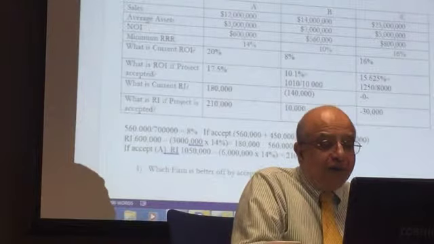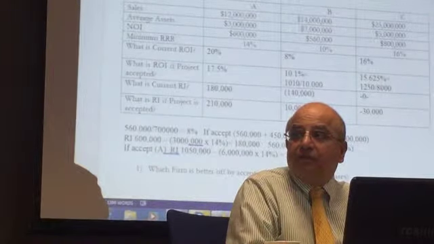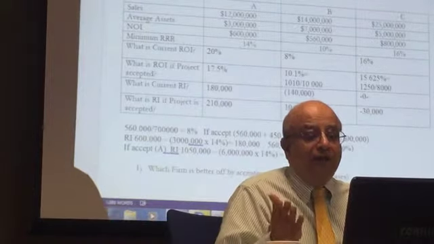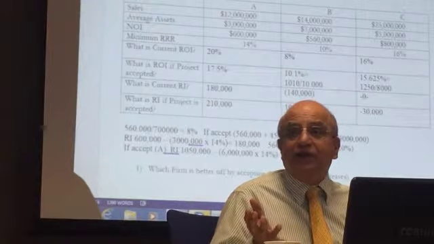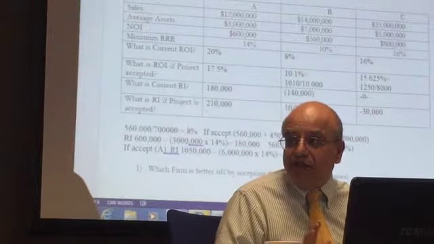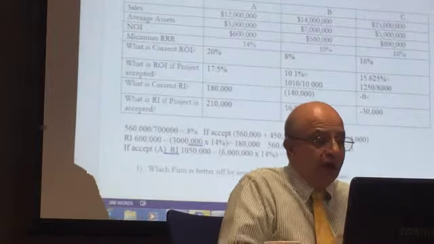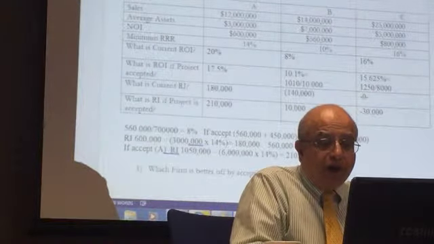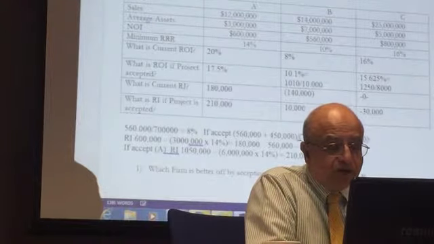So, which firm is better off? A is better off. What about B? Yes, they borrow at 10% and make 15%, B is better off. And what about C? No. C is worse off. So A and B are better off, C worse off.